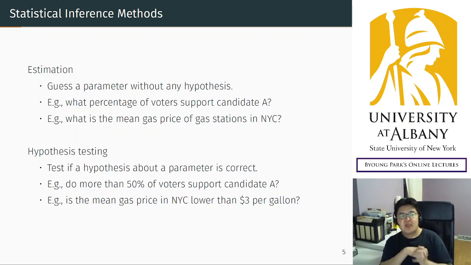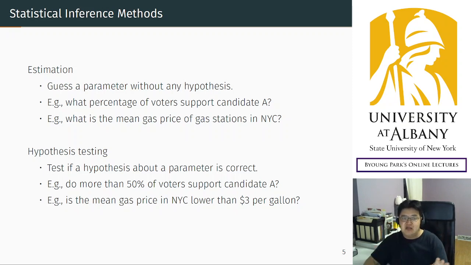But hypothesis testing is to answer a closed question, a yes or no question. So for example, do you think more than 50% of voters support a candidate? Or do you think the mean gas price in New York City is lower than $3 per gallon or not? So hypothesis testing is called hypothesis testing because you have a hypothesis.